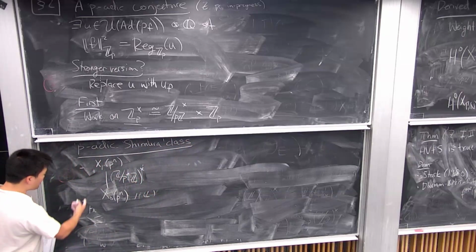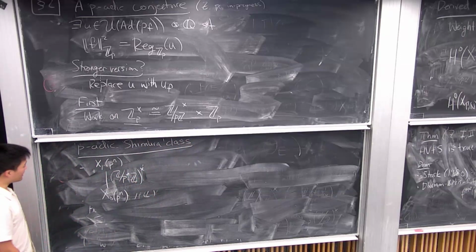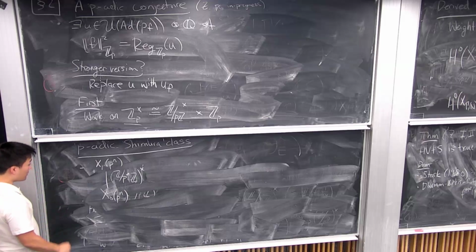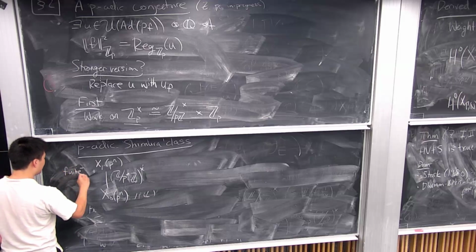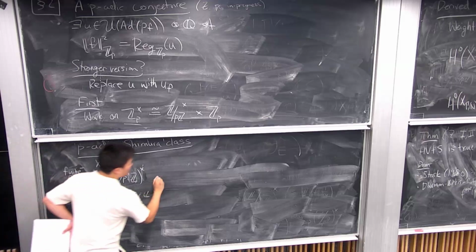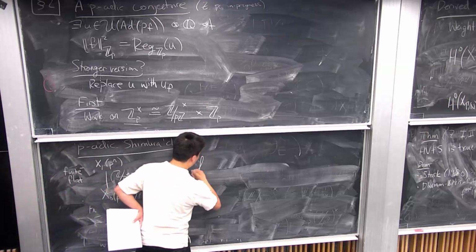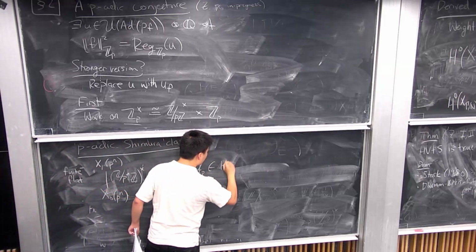But one problem is that this is not at all étale. And you can try to think of what's the maximal étale sub-cover, intermediate cover. This is very difficult. So let me instead observe that this is finite flat and produce a class in flat cohomology.